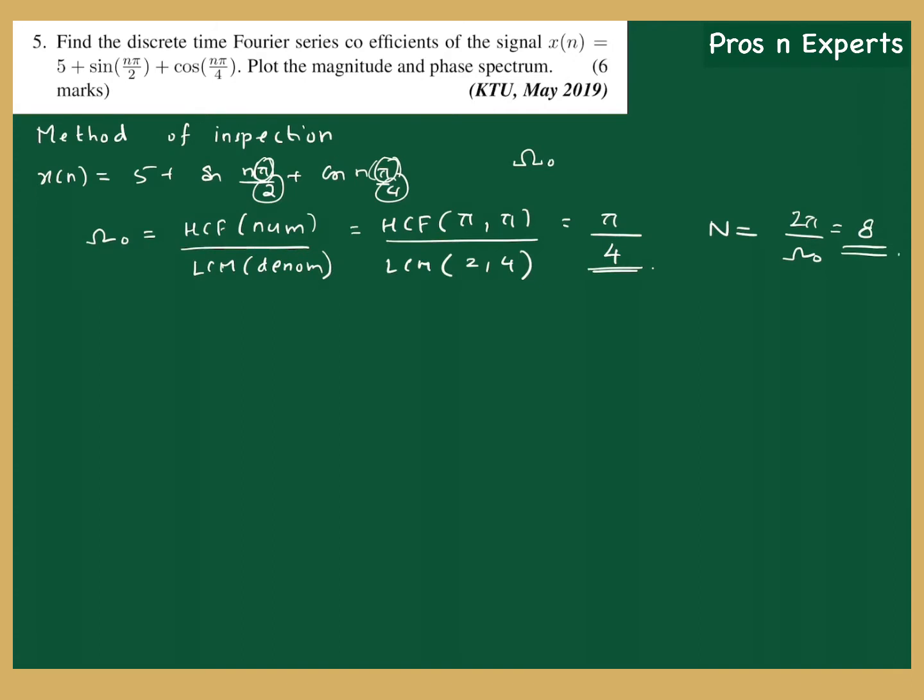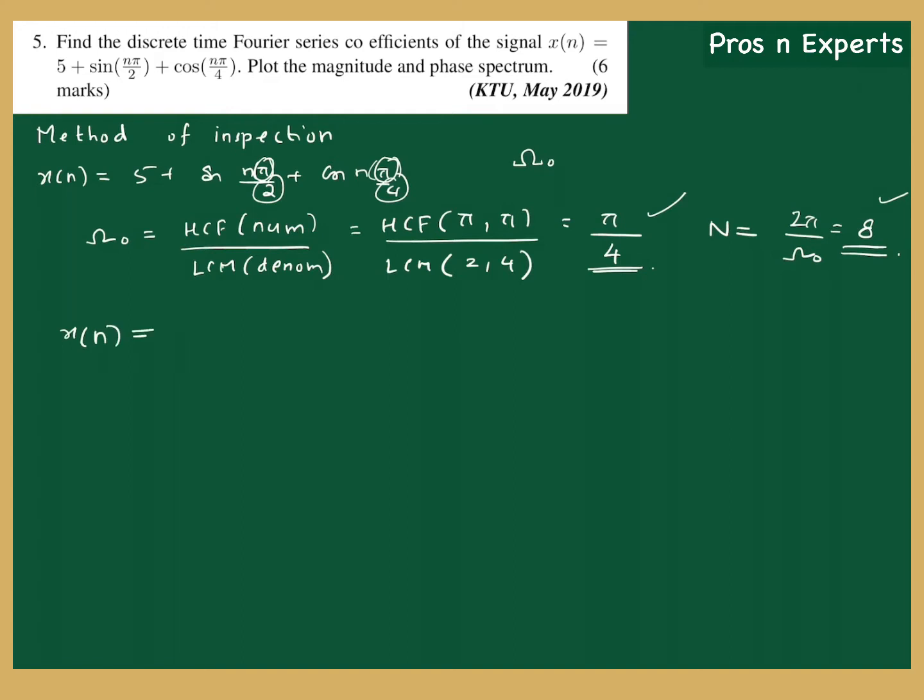So we have already found omega 0 as pi by 4 and N equal to 8. Now, what is the discrete time Fourier series? How will you find the discrete time Fourier series coefficients? You can use the synthesis equation.